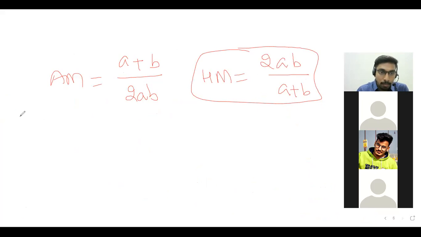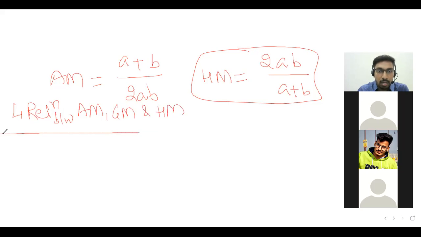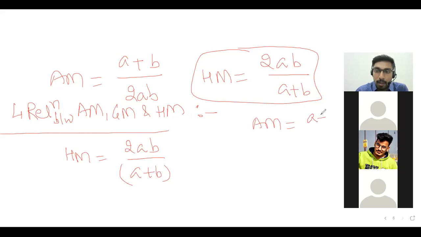Now you have to compare, the relation between AM, GM and HM. That means arithmetic mean, geometric mean and harmonic mean. I already told you HM equals 2AB upon (A plus B), AM equals (A plus B) upon 2, and GM equals the square root of AB.